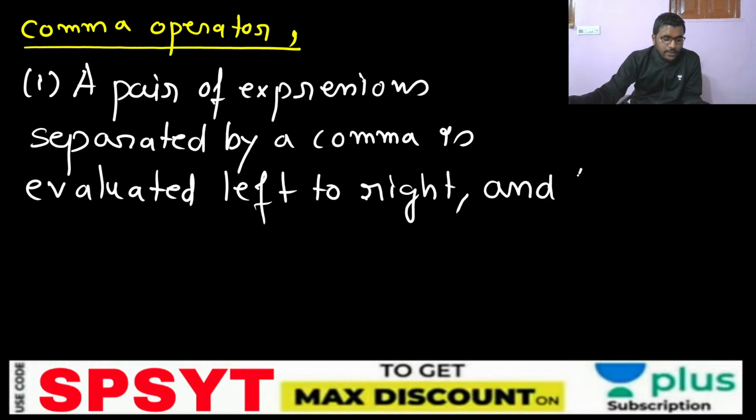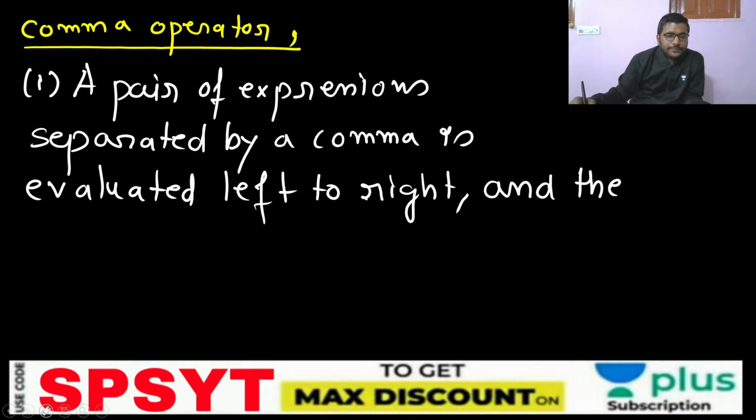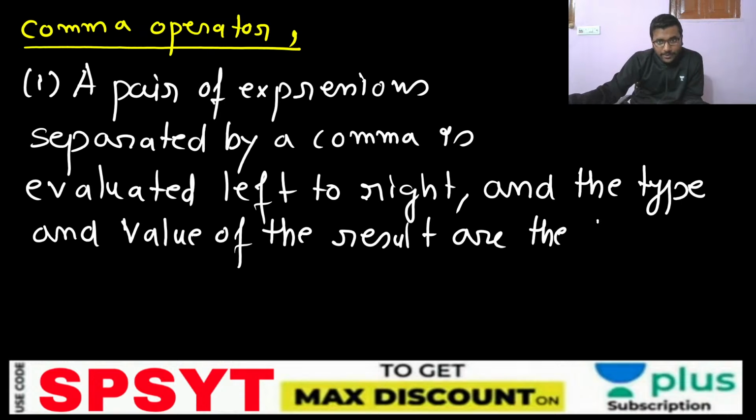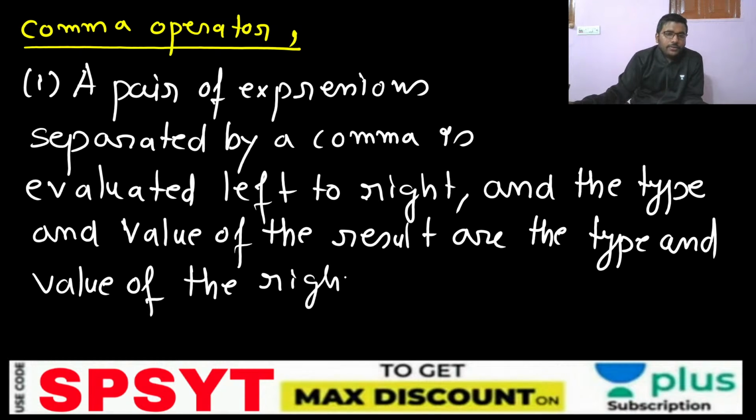And the type and the value of the result are the type and value of the right operand.